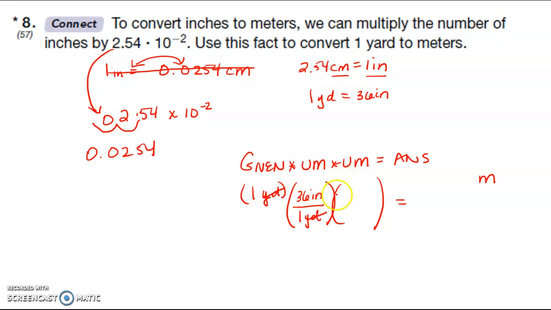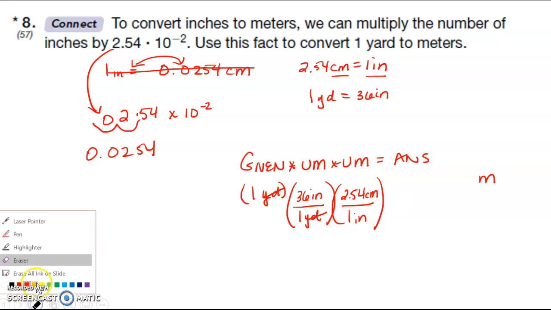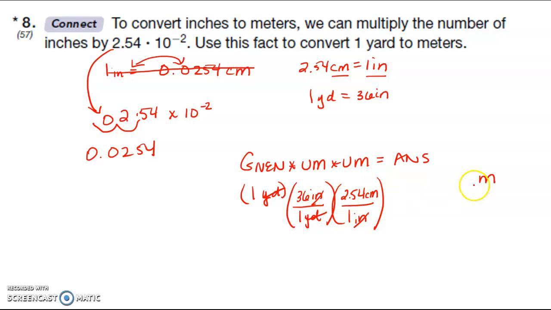And then if I'm going to convert inches to centimeters, I know that 1 inch is equal to 2.54 centimeters. And I'll need one more conversion because I'm still not in meters. So that takes care of my inches, but now I have centimeters and I'm trying to get to meters. So I know that there's 100 centimeters in 1 meter. 1 meter will go on the top because that's what I want. Okay.